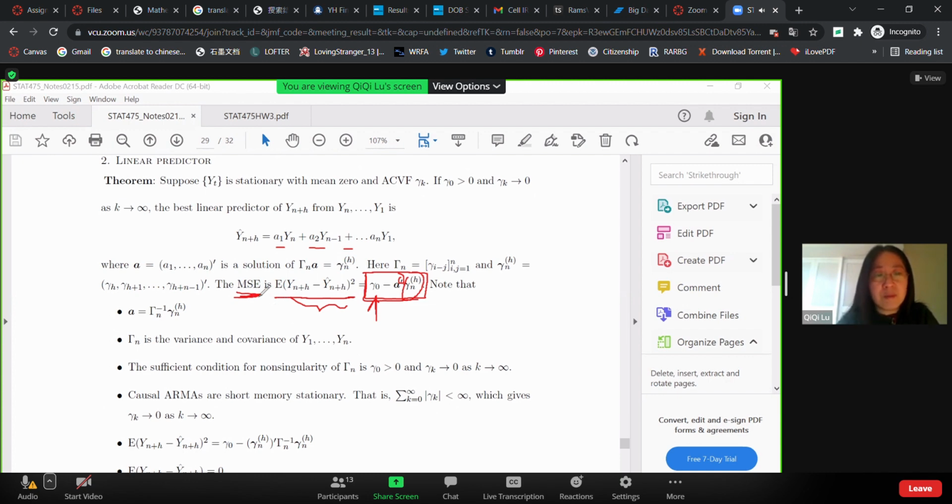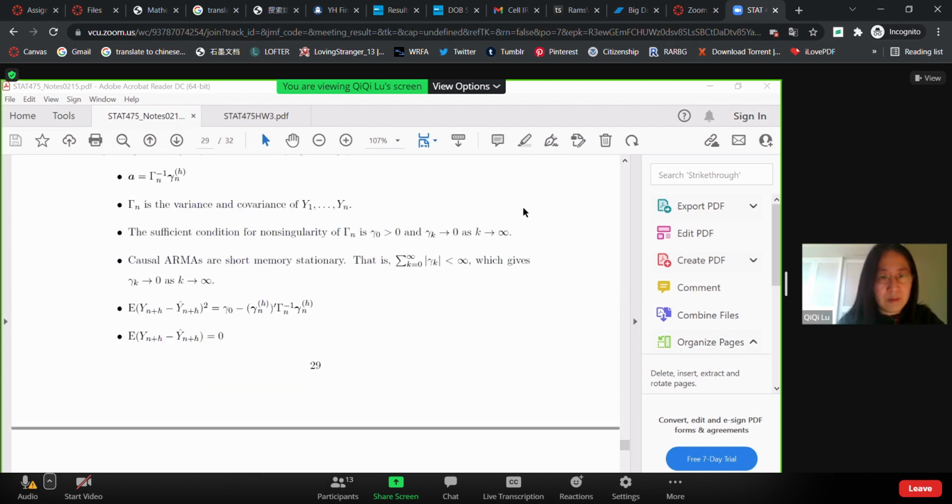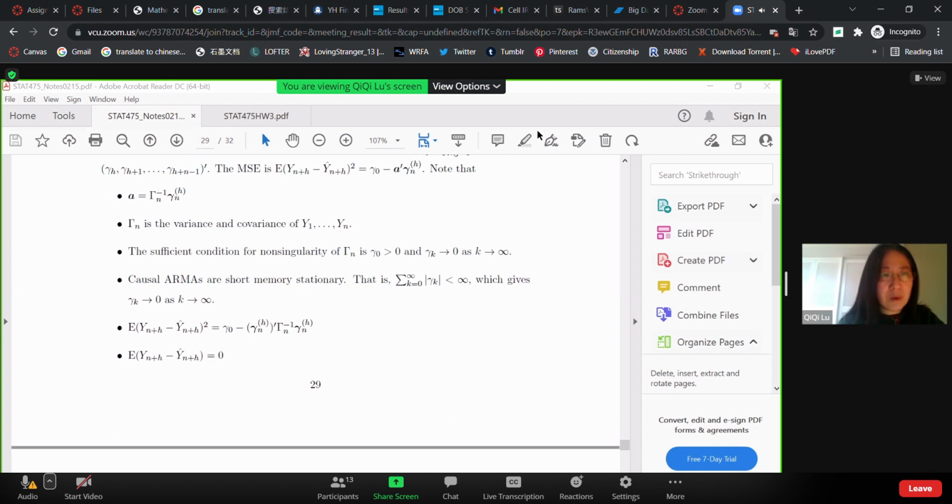For each forecast, you have a mean square error associated with it. We have this mean square error here. The formula is a little bit different.